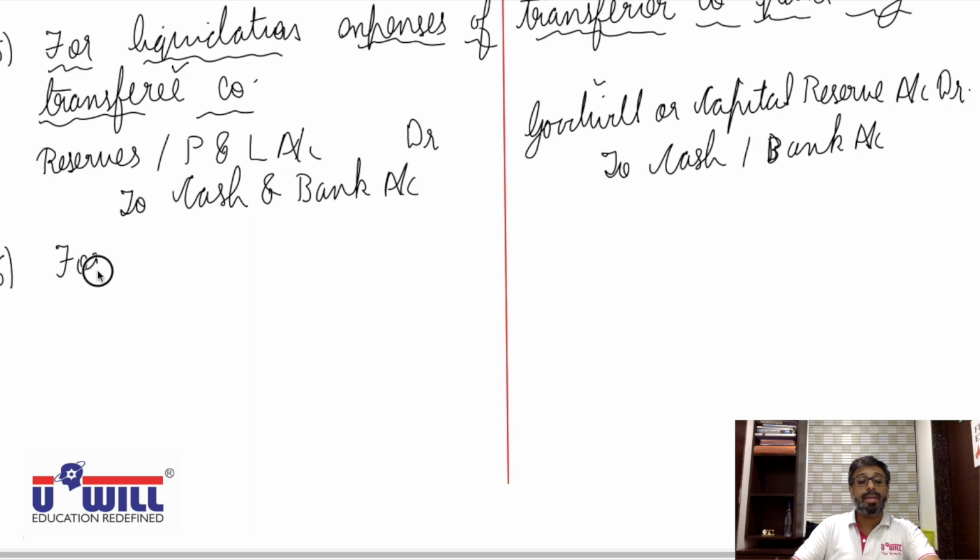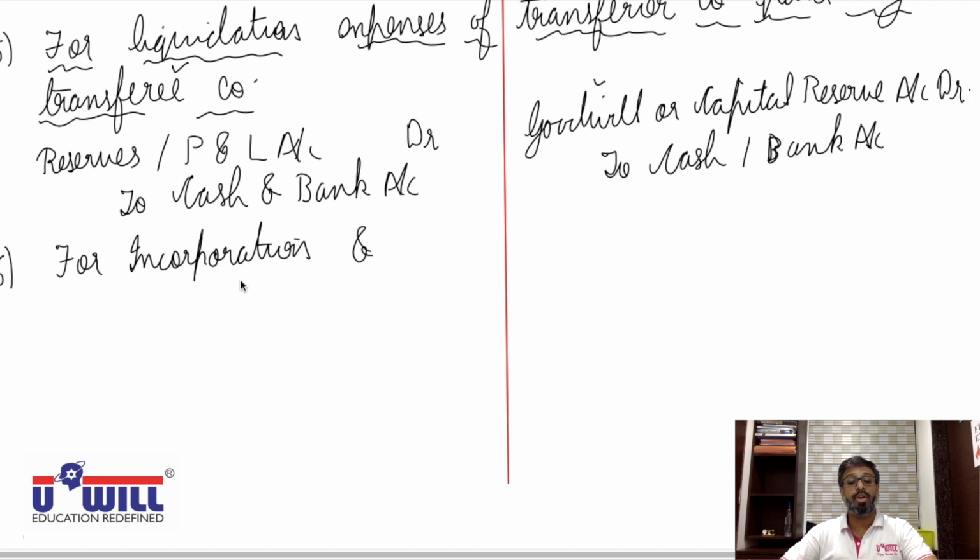Now other than liquidation expenses, there is incorporation. See, a new company is formed. So certificate of incorporation, prospectus, certificate of commencement, registration to be done. Such registration and establishment expenses are also involved. Incorporation means registration. So incorporation and establishment expenses.